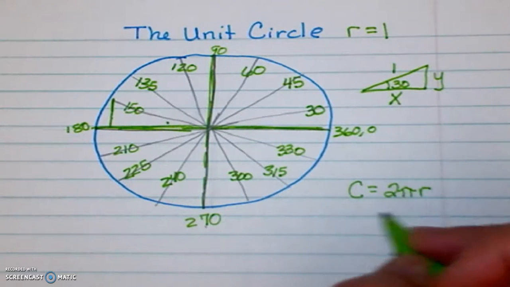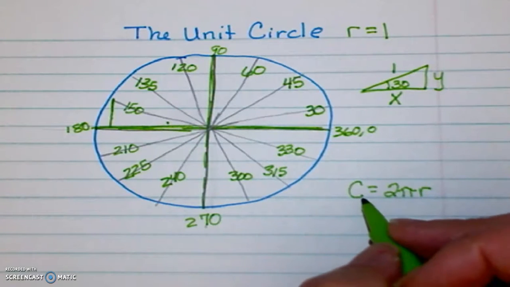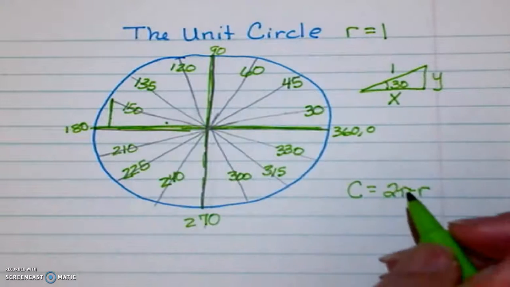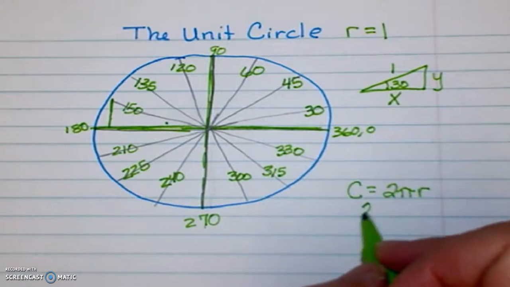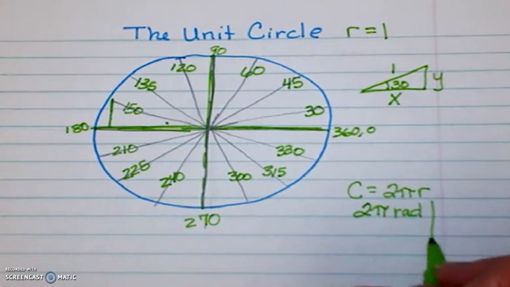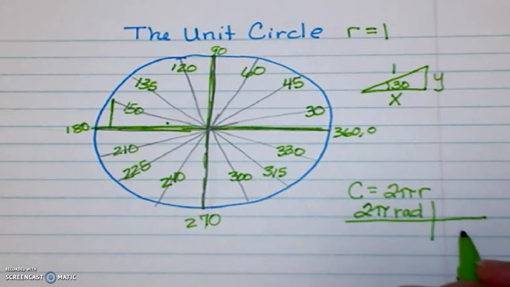So 2 pi is going to be the same thing as 360 degrees, because the circumference of a circle all the way around is 360 degrees. So we know this: 2 pi radians, the same thing as a radius, that is the circumference of the circle.